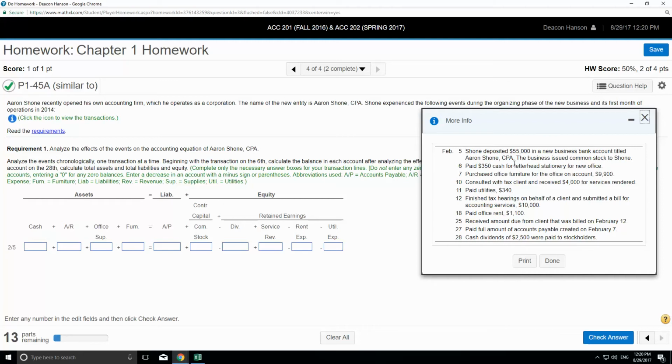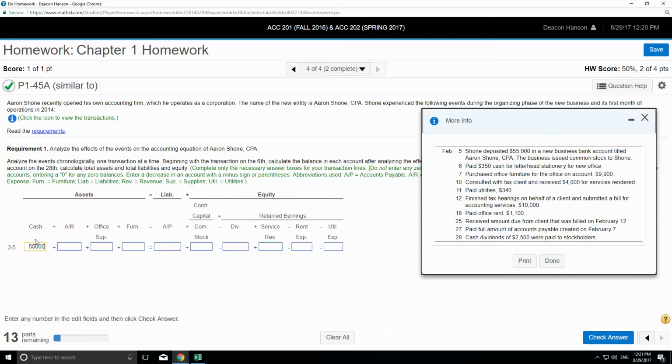So what he did was he took $55,000 and he invested it into the company in return for common stock. Okay, so what we're doing is we're keeping the company's books. So all of a sudden we got $55,000. So our cash goes up by $55,000, right? The company now has $55,000 more in cash. Everybody can agree with that, right?